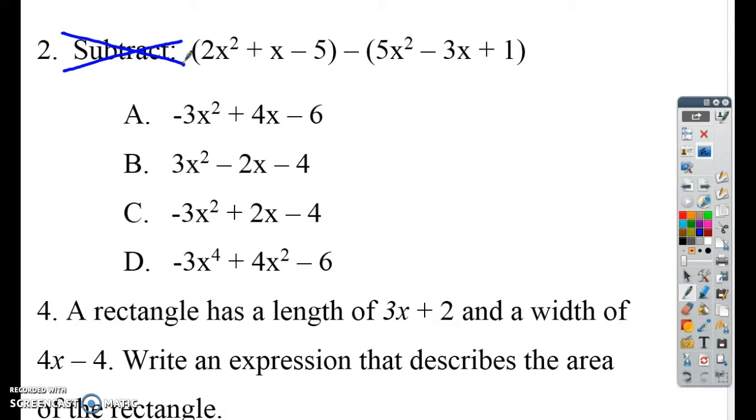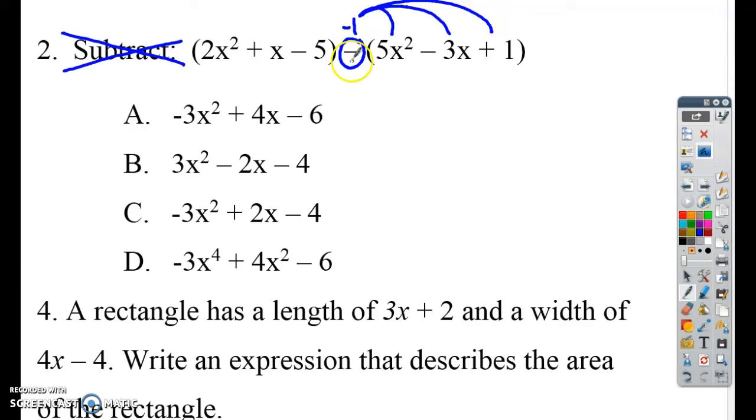What are you distributing? The negative 1. That's a negative 1 and you have to distribute. Is there something in front over here that I can distribute? No. So I can get rid of these parentheses after I distribute this on this side. So you have to distribute a negative 1. That means multiply everything inside that parentheses by negative 1.